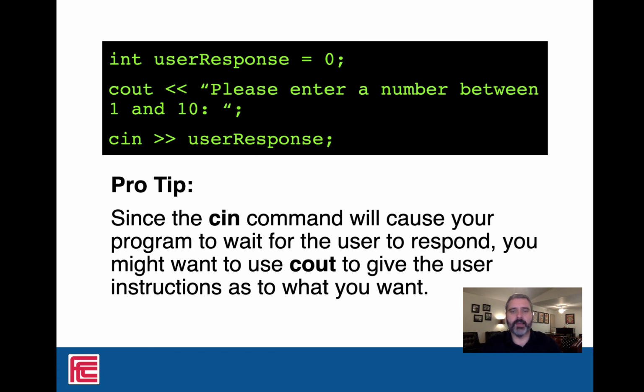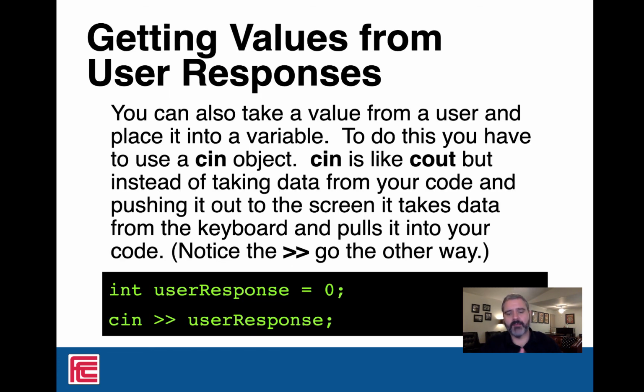By the way, I will say this, cin will only grab up to the first white space character. So if you're asking for a name, which I'm about to do here in a second, you cannot put in two separate words. Or if you do, you actually have to put cin, arrow, arrow, first response, arrow, arrow, second response.